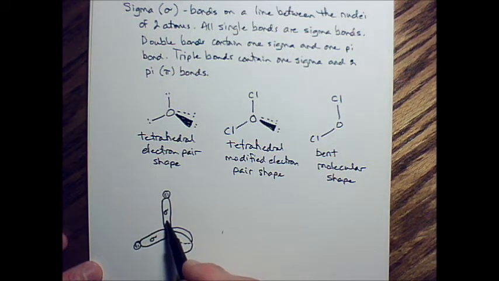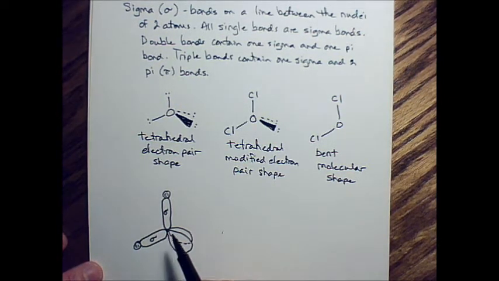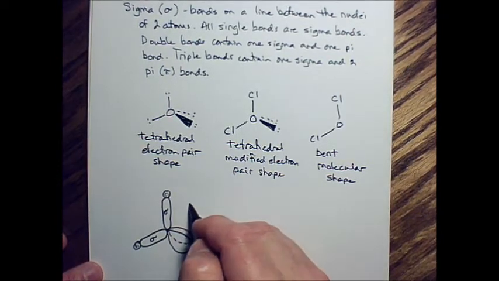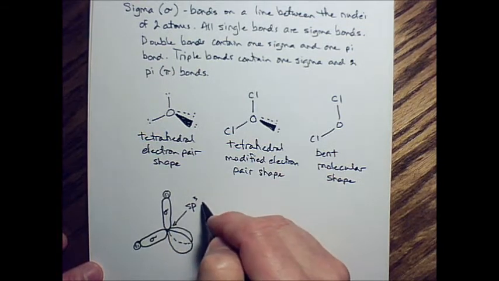If the number of sigma bonds plus lone pairs equals 4, this has to be an sp3 hybridization, because that means I have 4 hybridized orbitals and only sp3 has 4 hybridized orbitals. So this is an sp3 hybridization, okay, on that oxygen.